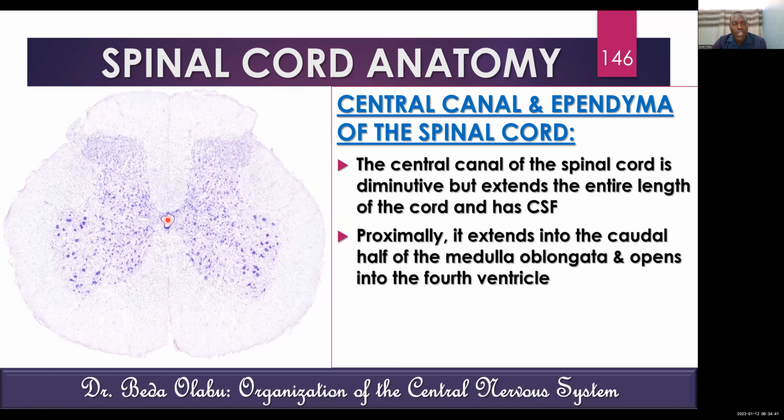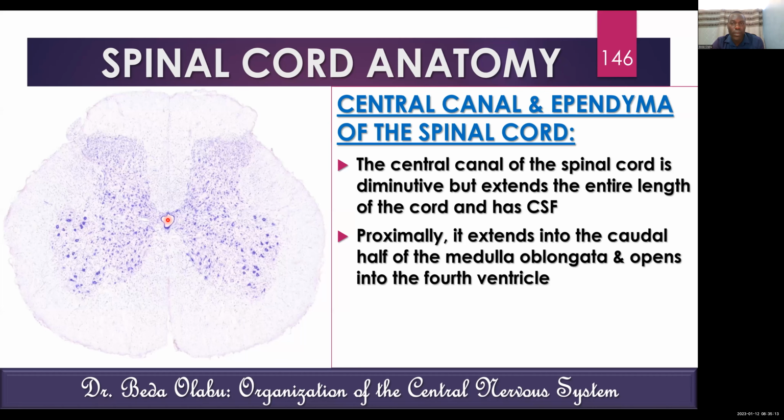Proximally, this central canal goes through the lower part of the medulla oblongata, which means that the lower part of the medulla oblongata also has a central canal. But the upper part of the medulla oblongata does not have the central canal. That means there's a part of the medulla that encloses the central canal, and a part of the medulla that does not.